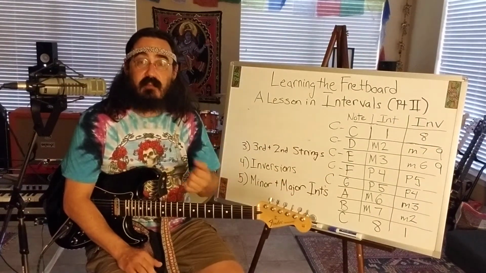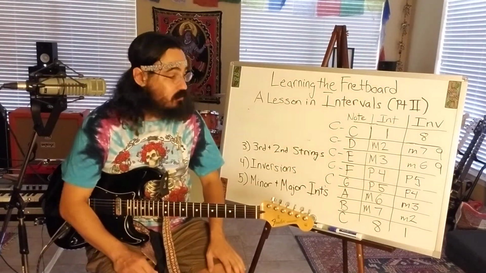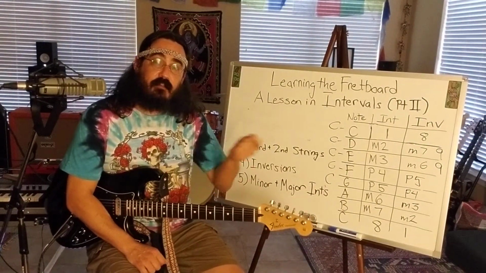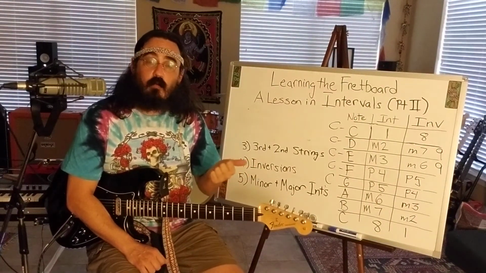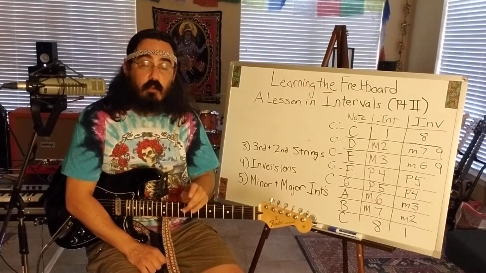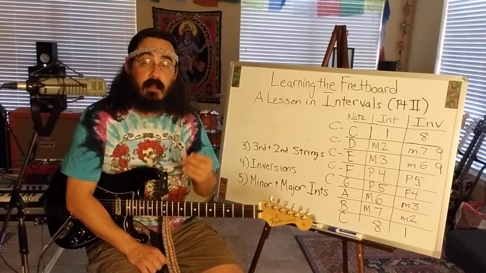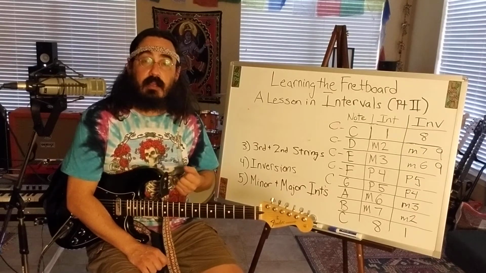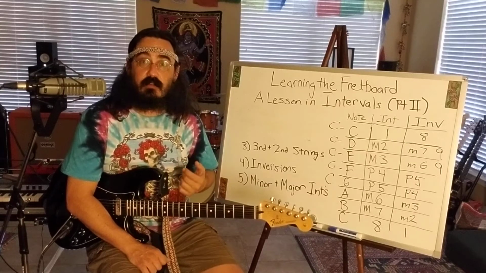So all the shapes I've been showing you are using major intervals. But if you just take a major interval and flatten it one note going this way, you create a minor interval. And again, that's going to be particularly important when it comes to scales and chords.